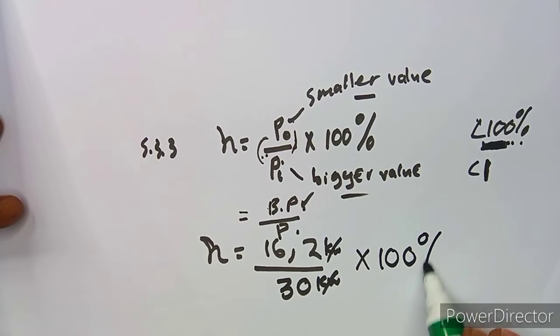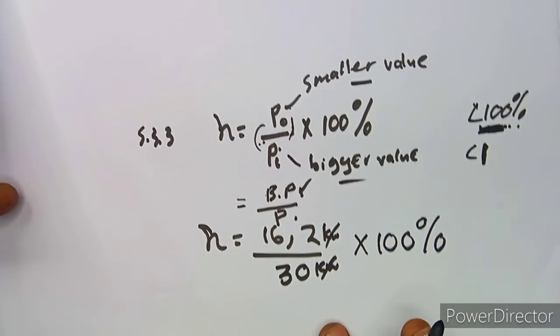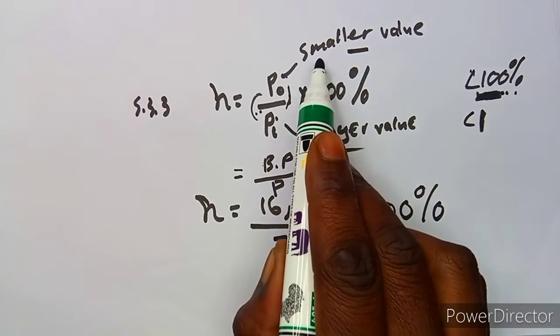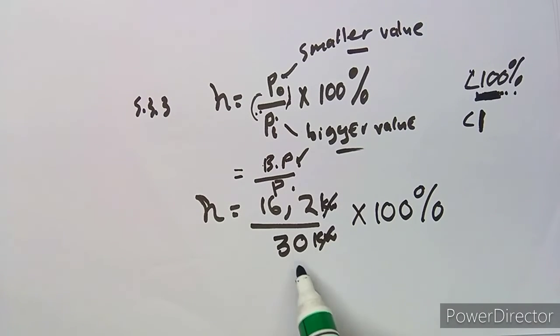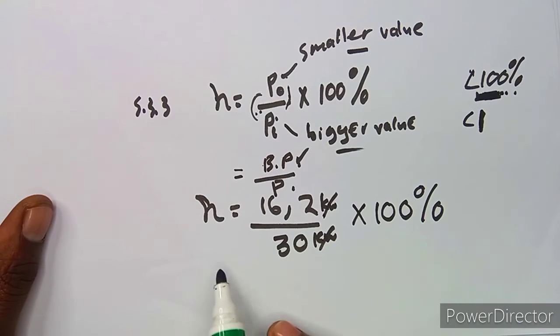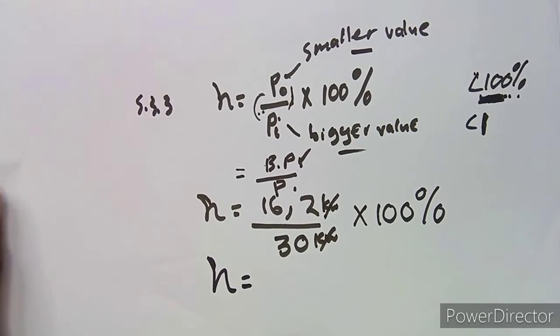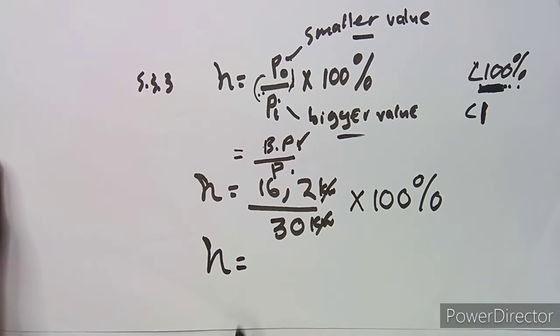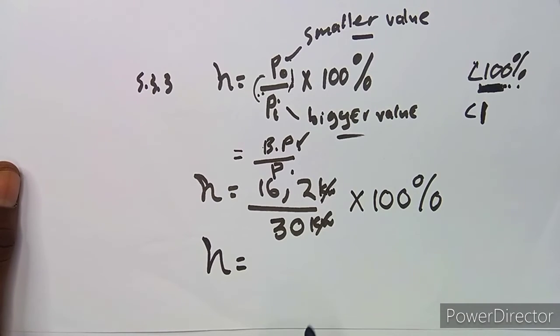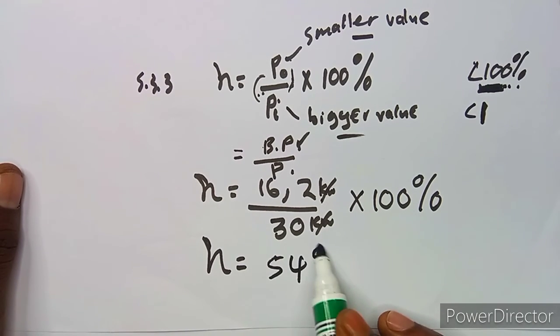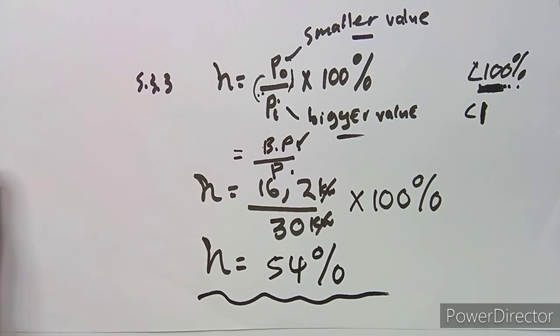Times 100%. As you can see, the smaller value is on top and the bigger on the bottom. So you can cheat this question like this in an exam if you got confused or you don't know the formula. Multiply this on the calculator, you're going to obtain 54%. So this is the efficiency of the engine.